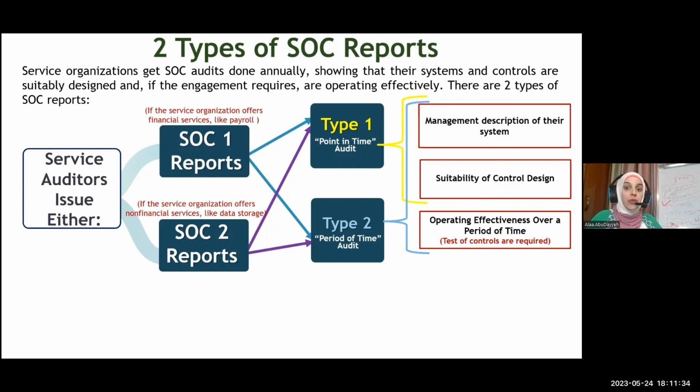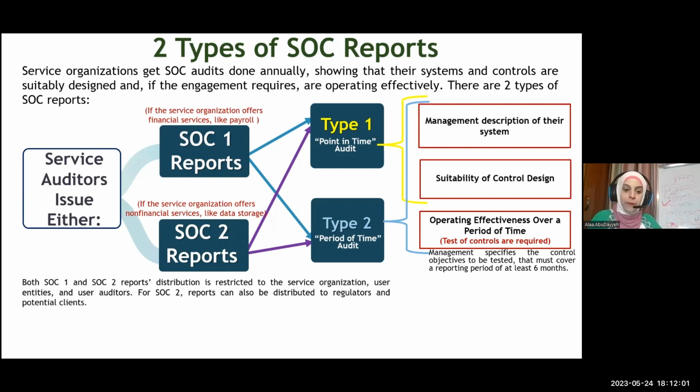The auditor here is required to perform tests of controls and report on the operating effectiveness over a period of time for those service organizations. Management usually specifies the control objectives to be tested, and this must cover a reporting period of at least 6 months. This is the minimum reporting period.